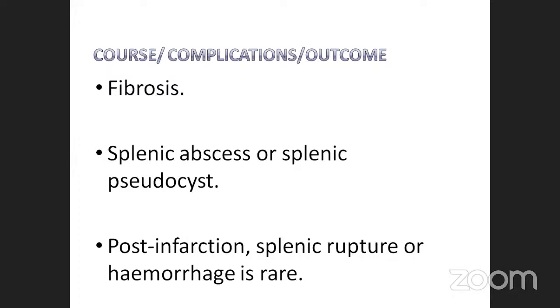So infarcts are later on healed by fibrosis. If this infarcted area gets infected with bacteria or other infective organisms, then the infarct area gets liquefied and causes abscesses in that organ. Post-infarction splenic rupture or hemorrhage is quite uncommon.